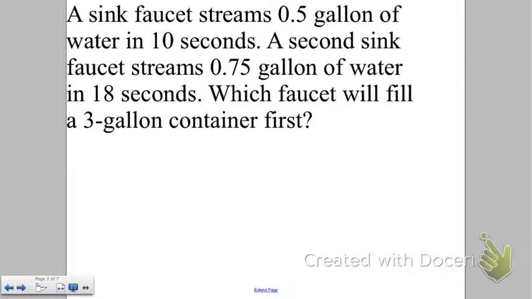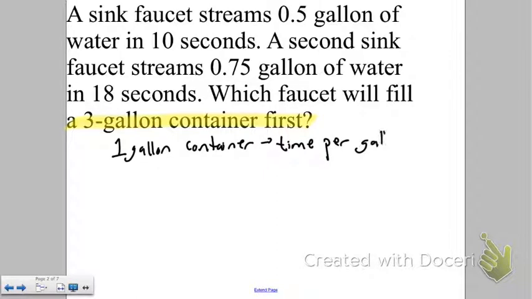The question is asking, which will fill a 3-gallon container first? If I need to know which will fill a 3-gallon container first, I should determine how fast it can fill a 1-gallon container. So that means I am looking for the time per gallon.